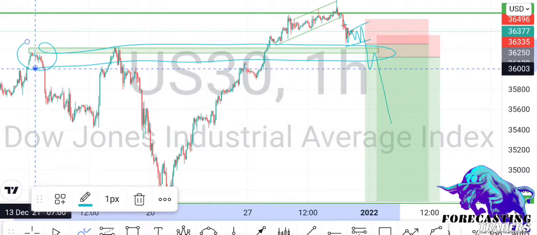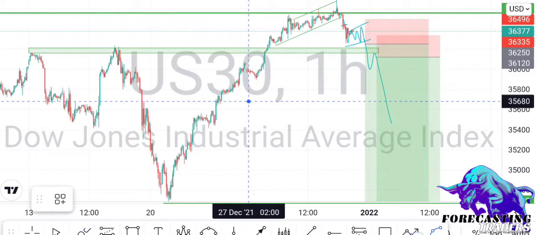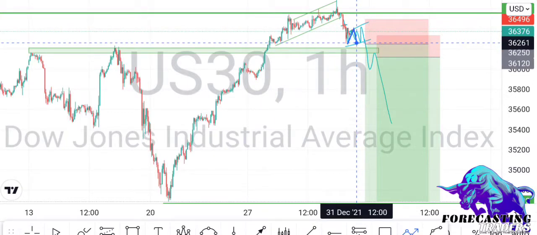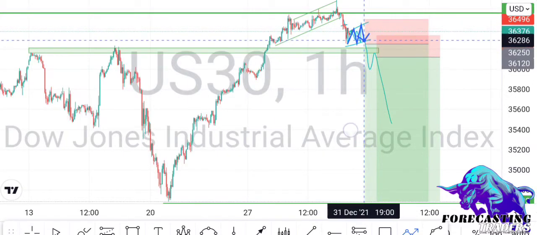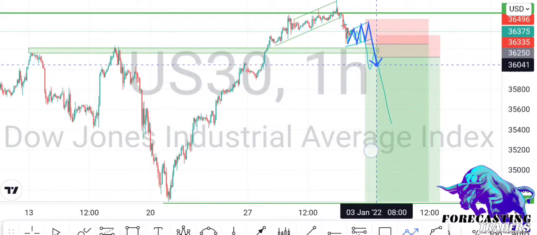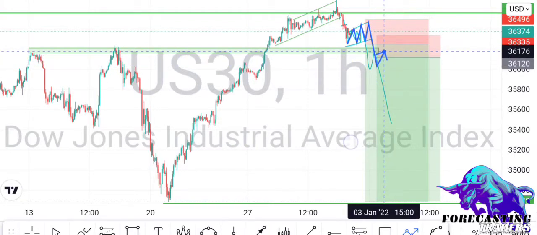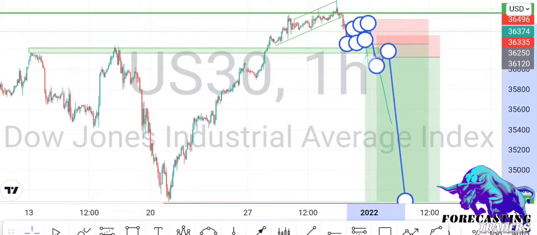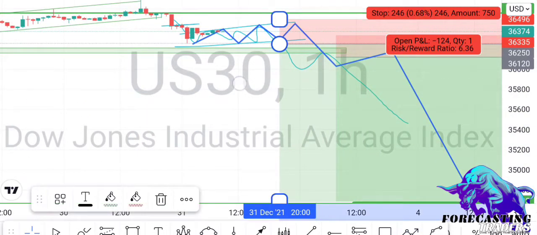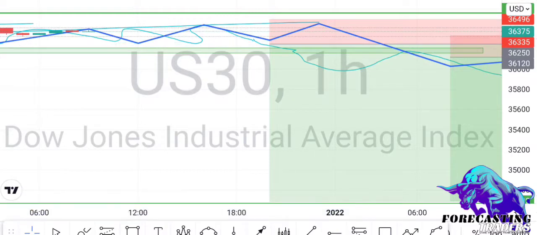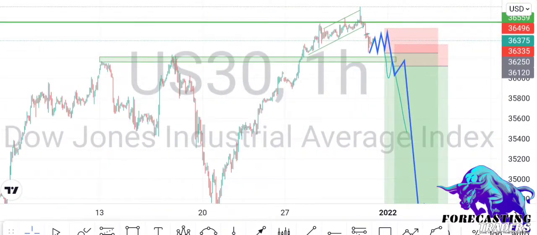It has to break and retest, and then we're good to go. So this is something that we are looking for.